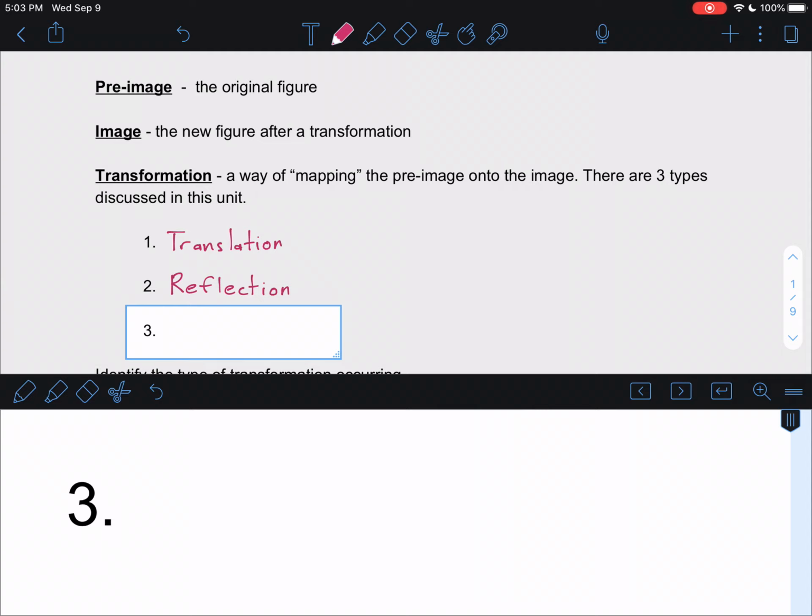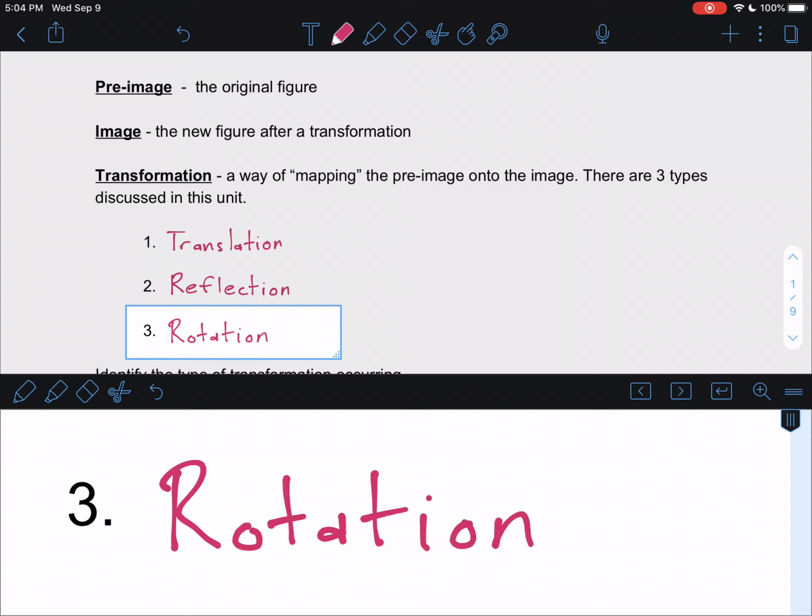And the third one we're going to be learning is a rotation. I forget what order we learn rotation and reflection in, but I know translation is the first one because that's the one we're doing today. Okay, so we have translation, reflection, and rotation.